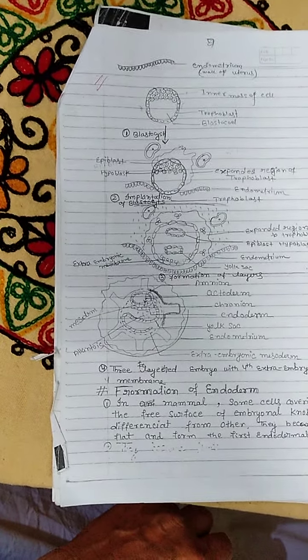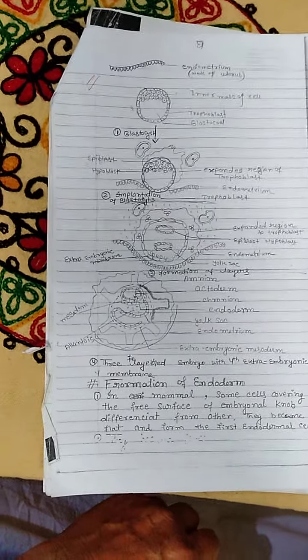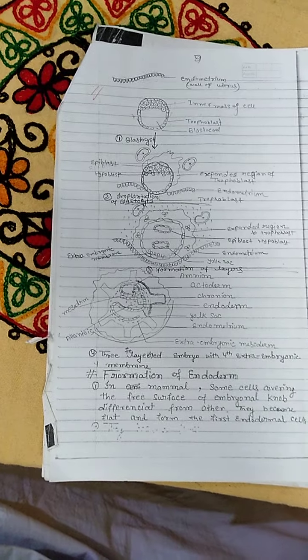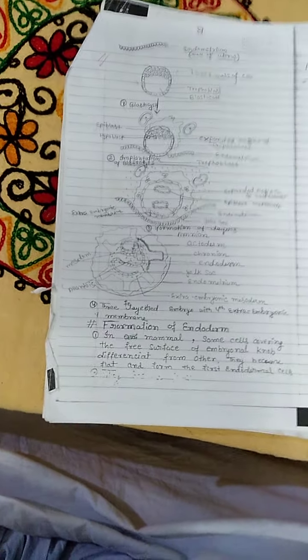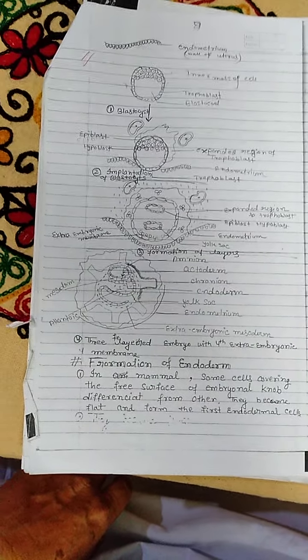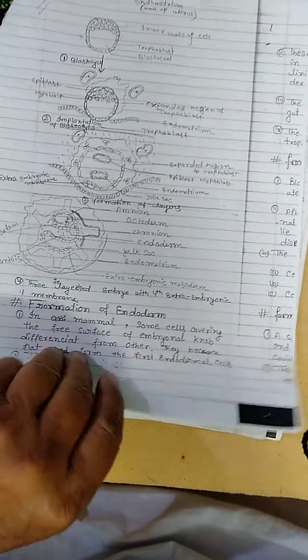Next step is the formation of the endoderm. In mammals, some cells covering the free surface of the embryonal knob differentiate from others. They become flat and form the first endodermal layer, which can be seen with the help of the diagram here.